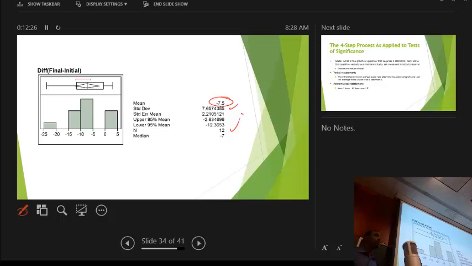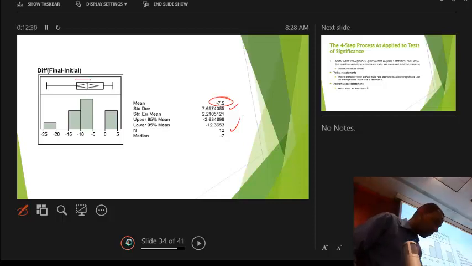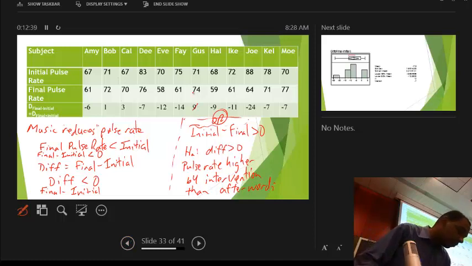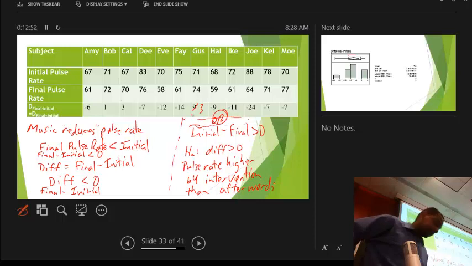Yes? I don't know if you noticed, but the slide before with the data, the result of Gus is incorrect. Oh, -3? Yeah. I don't know if that would mess up your graph or the histogram. 3 minus, let's see here. So that's just 3, right?